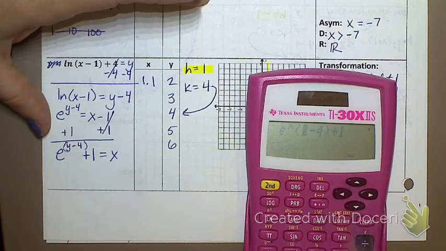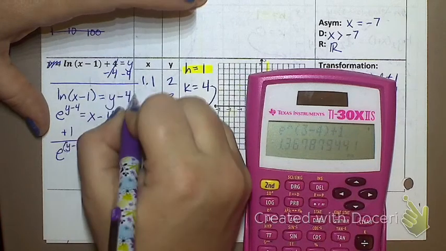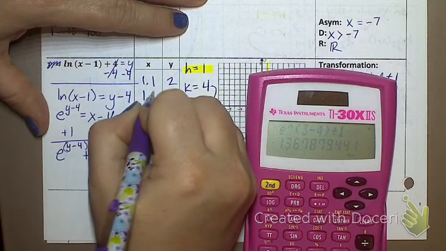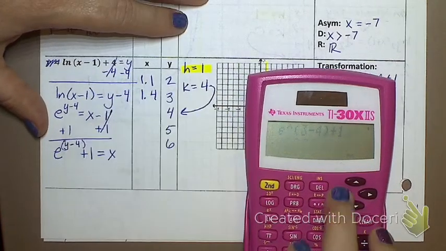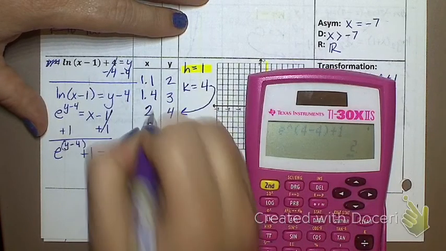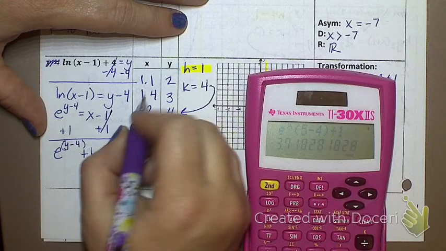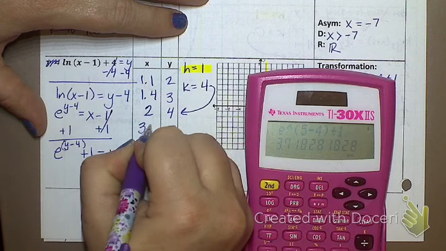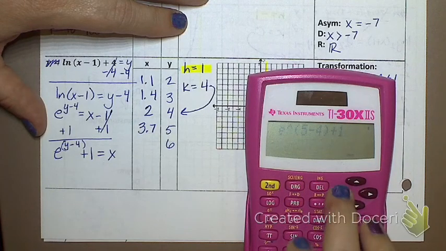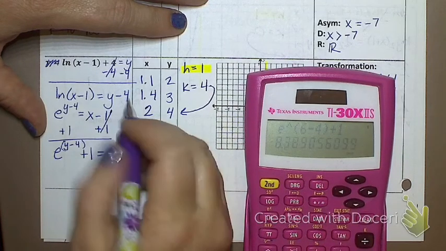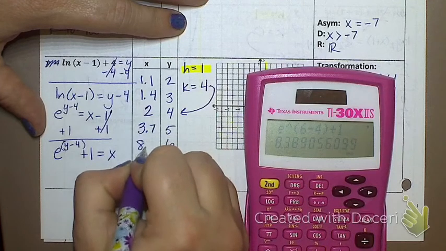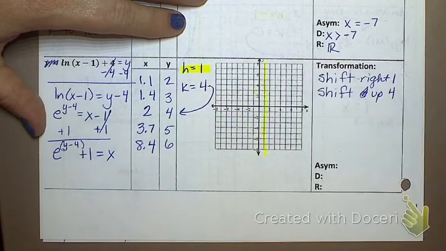Now I'm going to change that 2 to a 3. And I have 1.36, I'm going to call that 1.4. Change the 3 to a 4. I have a 2. Change the 4 to a 5. I have 3.7. Change the 5 to a 6. And I have we'll call it 8.4.